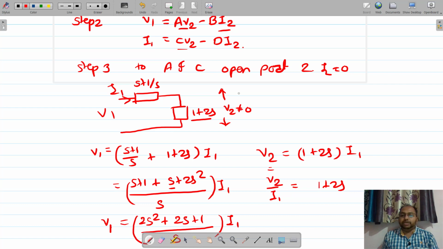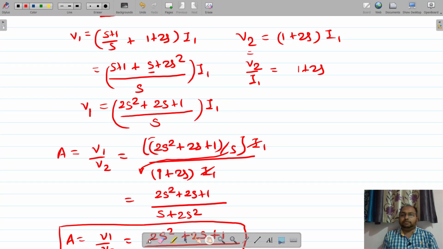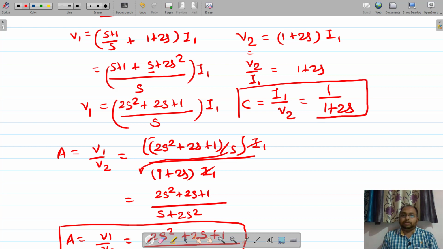So I need to take the reciprocal of this. Taking the reciprocal, I1 by V2 is my C, and that is nothing but 1 divided by 1 plus 2s. So this is my second parameter. Okay, I hope you got it.